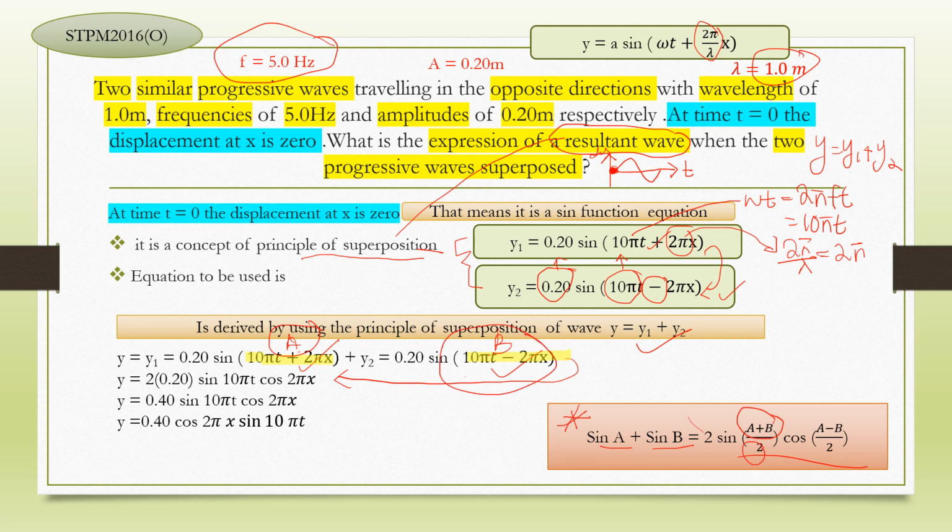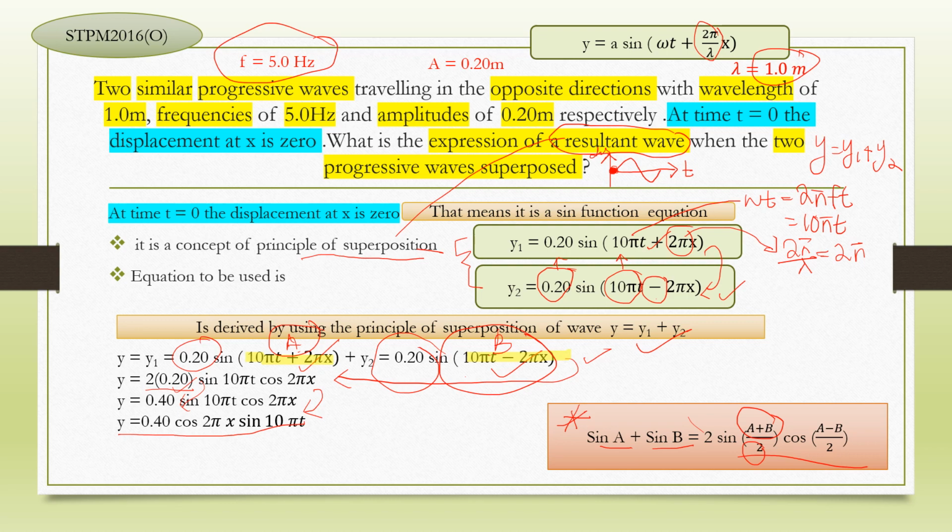Okay, so that's your maths. Once you solve this, remember your A must be times 2. 0.20 times 2, so you get 0.40. Then you solve it, and you get your equation, or we call it the expression, as such.